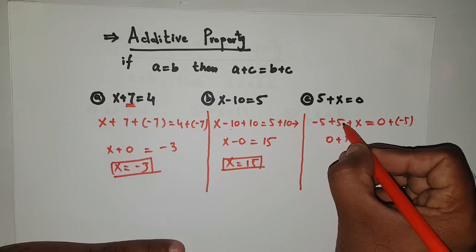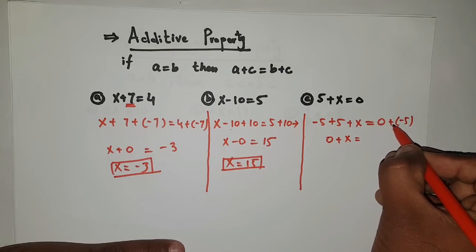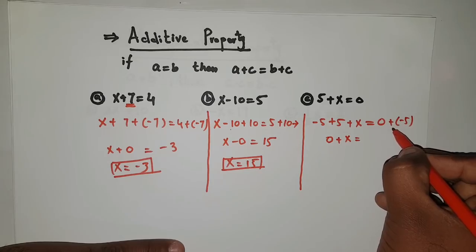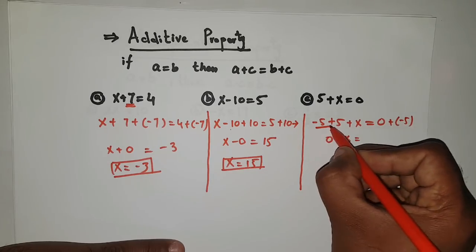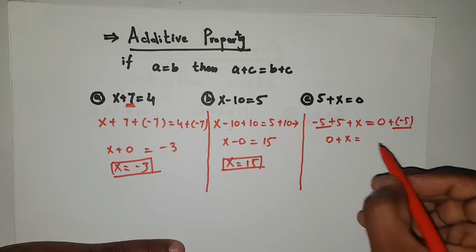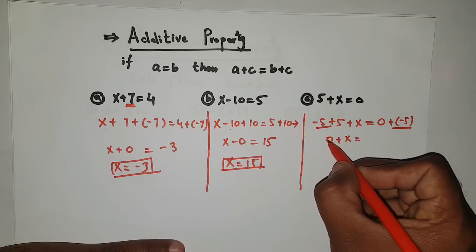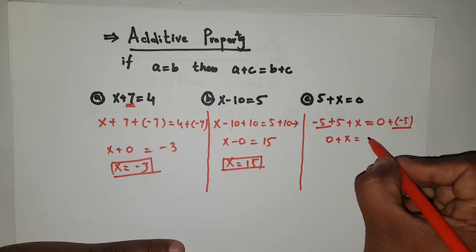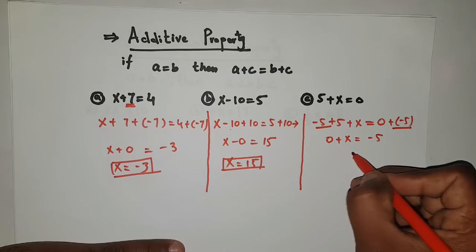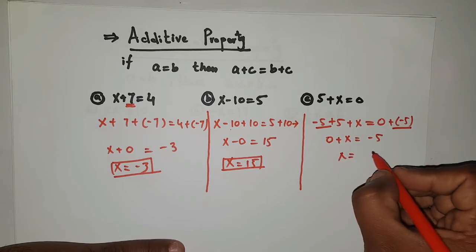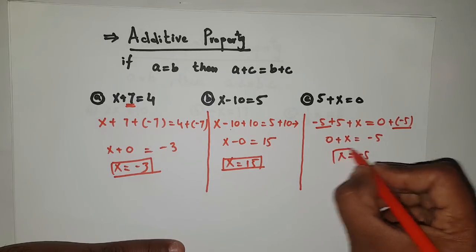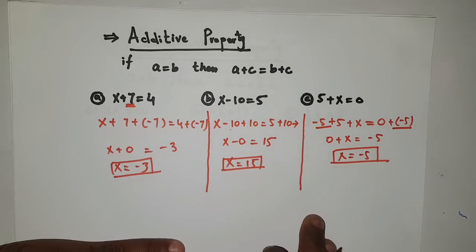Minus 5 plus 5 plus x is equal to 0 plus minus 5. We have added minus 5 on both sides. So minus 5 plus 5 is 0, plus x is equal to minus 5. We can also write it as x is equal to minus 5, and this is our solution.